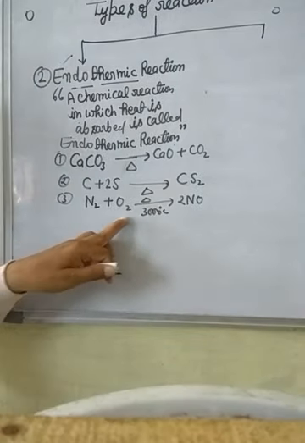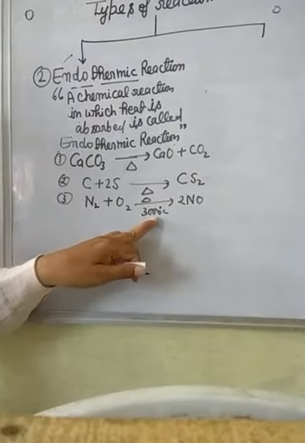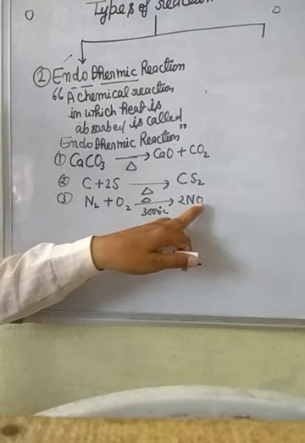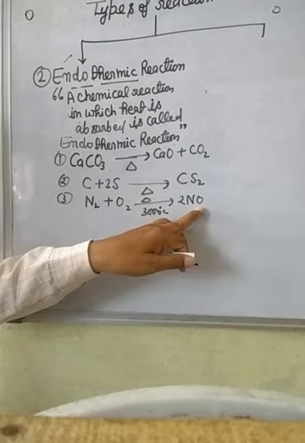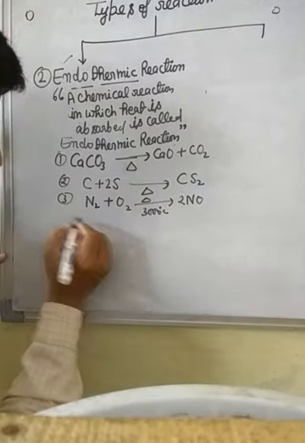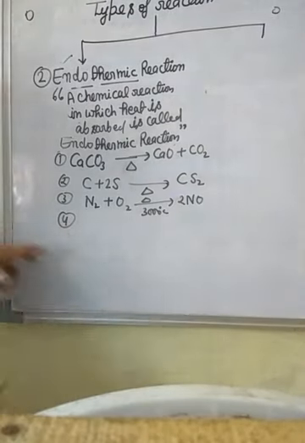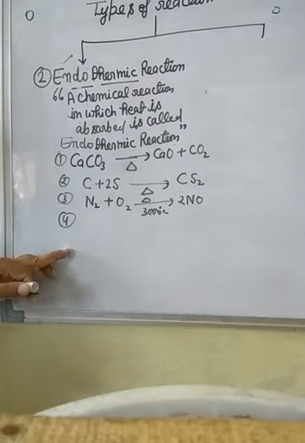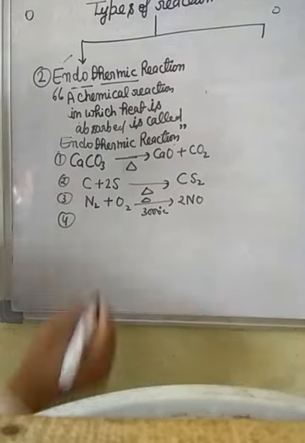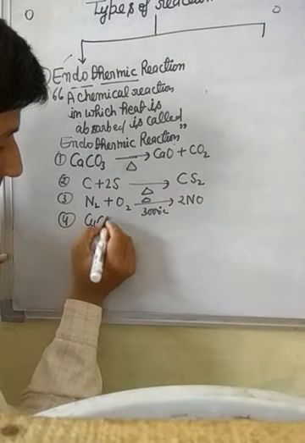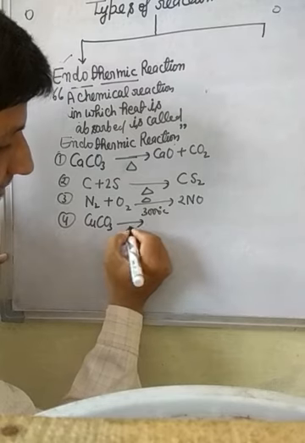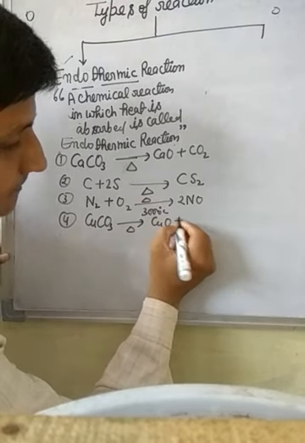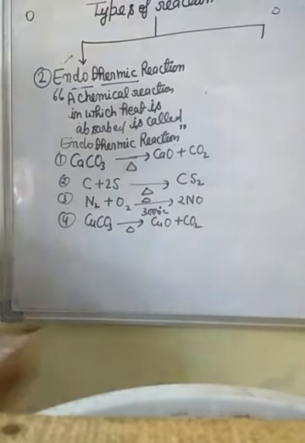Fourth example, when copper carbonate is heated, then we get copper oxide and carbon dioxide.